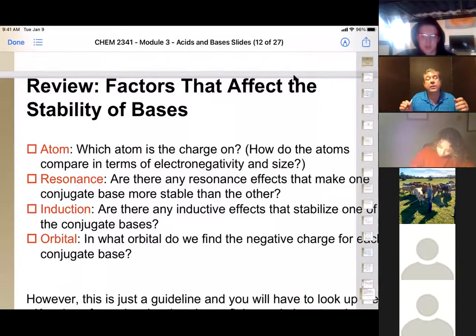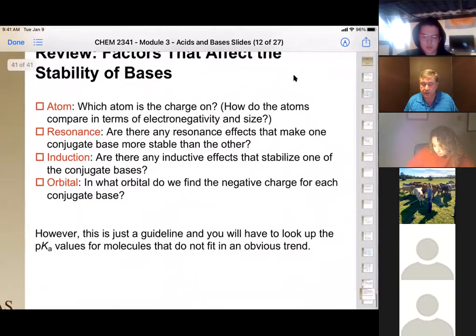Okay. We also had resonance effects. We can see in the system where anytime you can spread charge out, it becomes less basic. We have an induction effect. If you have something that can withdraw electron density, it will decrease the basicity of the system. And just like before, the orbital or hybridization also affects our system as well.